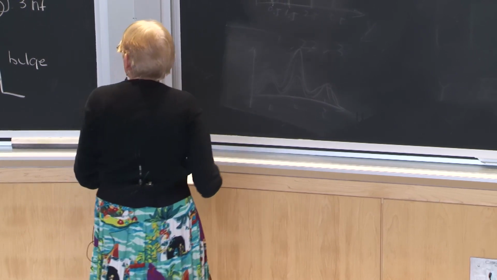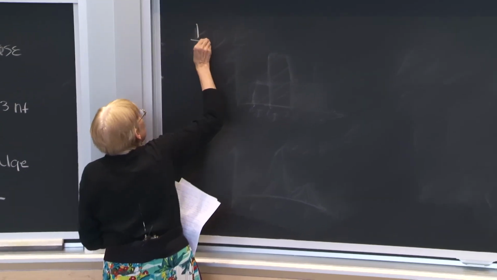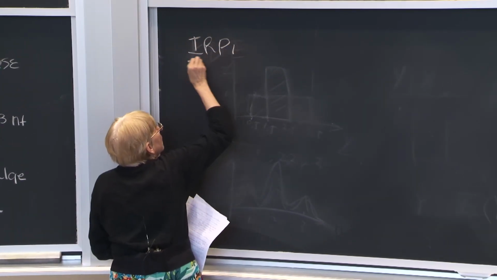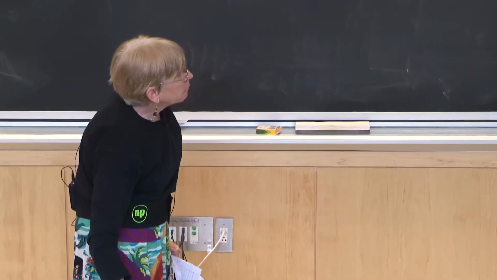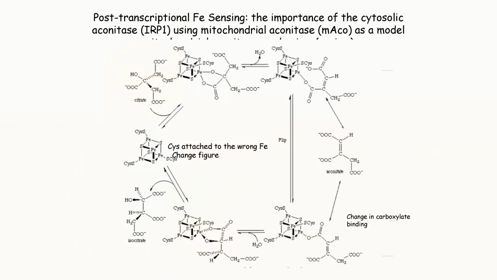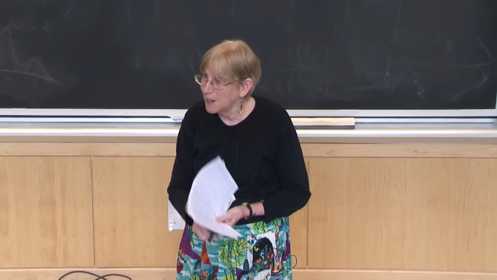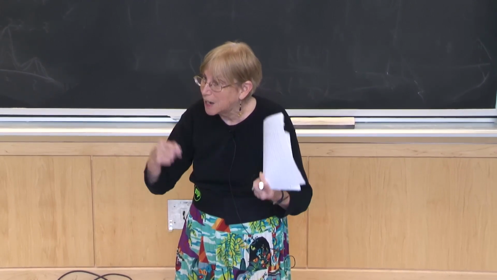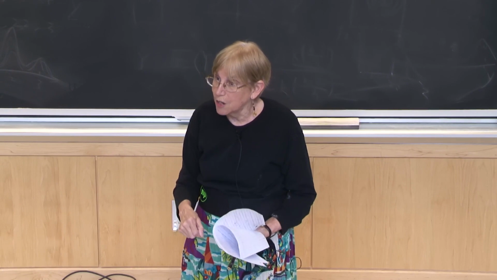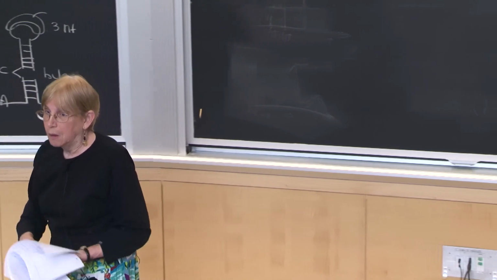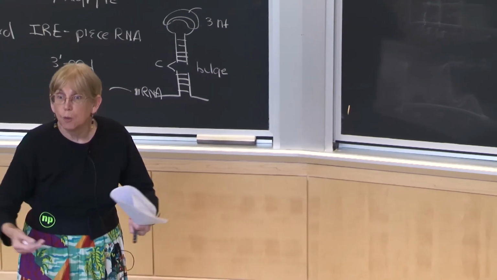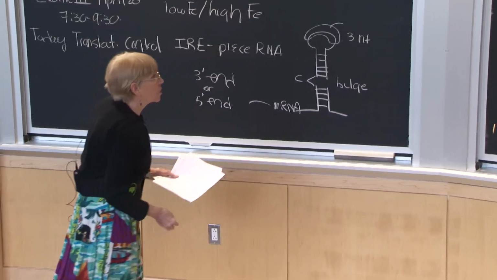So what I want to say then is, for the iron-responsive protein 1, as we saw with the mitochondrial aconitase, it has a 4-iron, 4-sulfur cluster. So that could be a switch. Okay, we're doing iron sensing. What is the sensor of iron that allows us to translate or not translate all of the proteins, transferrin receptor, transferrin, ferroportin, all of the things we were introduced to in the previous lecture?